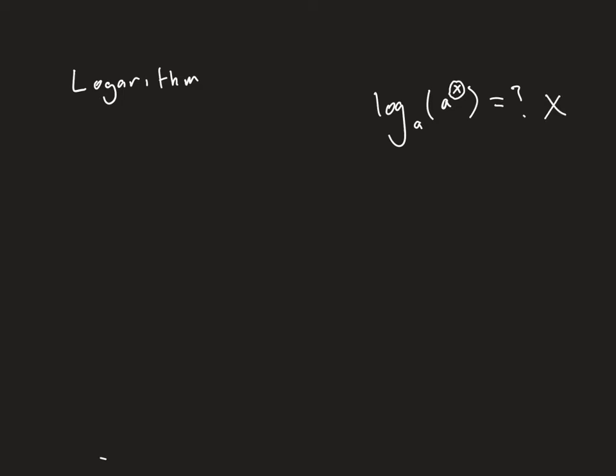So now let's look at this proof. So let's say that we have log base b of m times n. Well, we're going to show later, we'll eventually prove it, that equals log base b of m plus log base b of n.